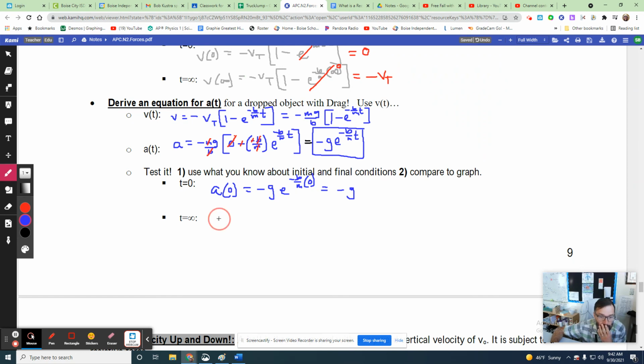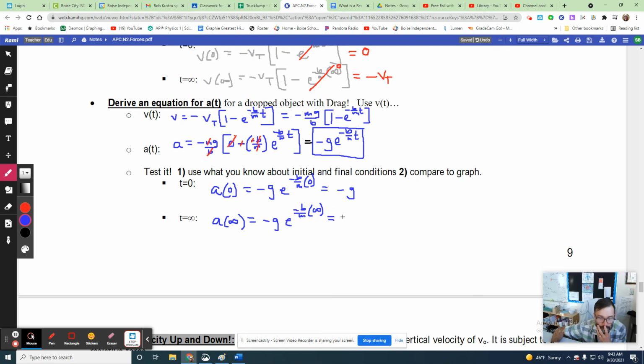Okay, let's test infinity in there. a at infinity for this thing could be negative g e to the negative b over m times t, where t goes to infinity. And really, e to the negative is just e on the bottom of a fraction. If the bottom of a fraction goes towards infinity, that's going to go towards 0, right?